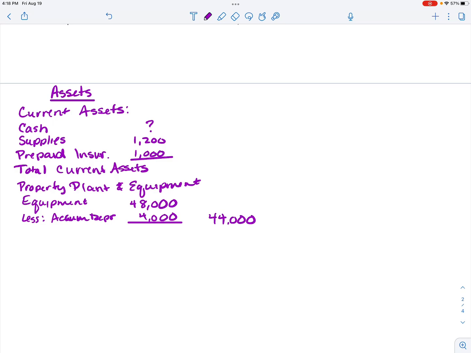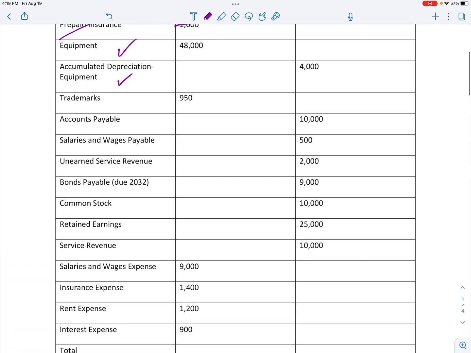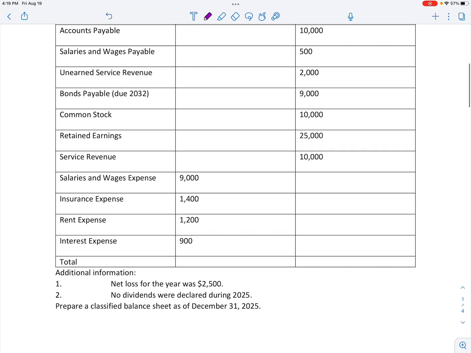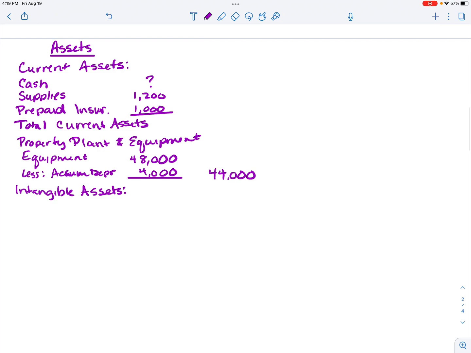Next, I'm going to list out my intangible assets. Here, again, going in order, are those trademarks. List that out.